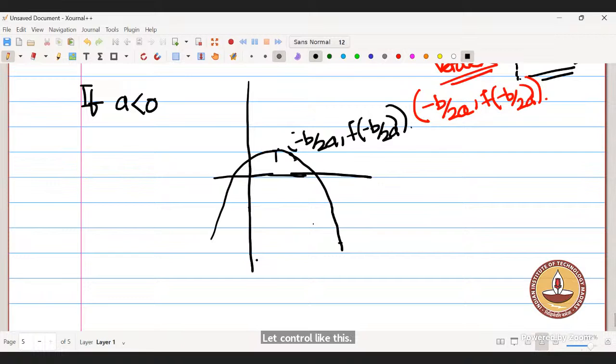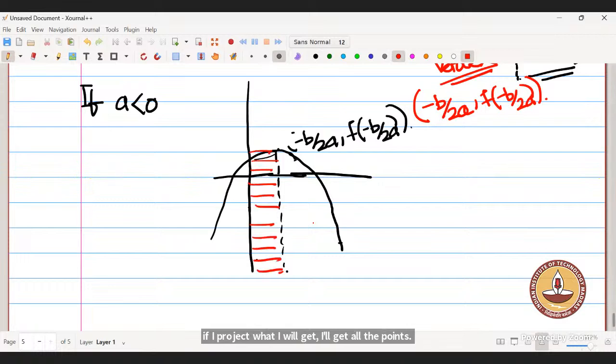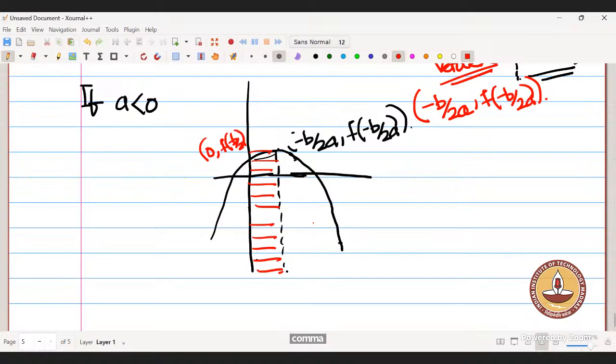Yeah, so this is my axis of symmetry. So if I project, what will I get? I will get all the points which are below. And this point is what? 0, comma f of minus b by 2a, right?